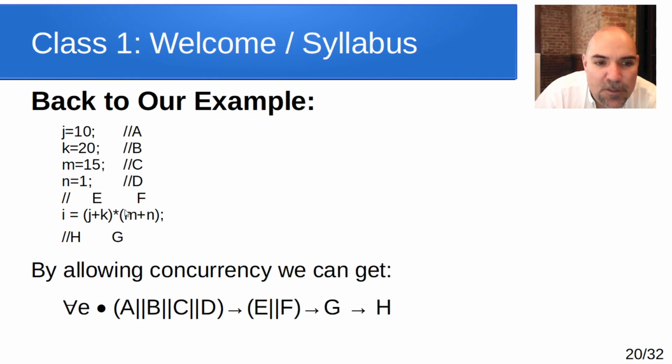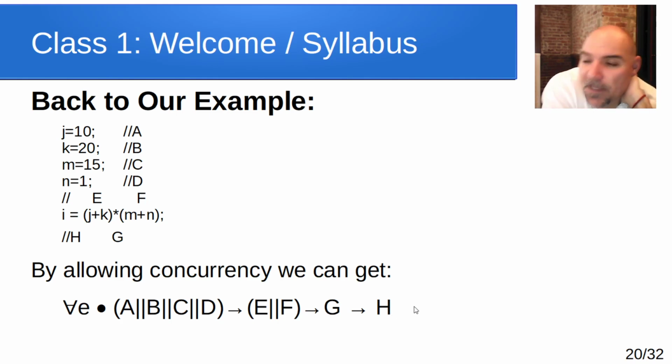And then we do the multiplication, and then we do the assignment into I. So here's what that looks like. For all valid executions, A or B or C or D can all overlap, but all of those have to finish before we do E and F, but E and F can happen together. But that has to finish before we can do the multiplication, which has to finish before we can do the assignment into I.